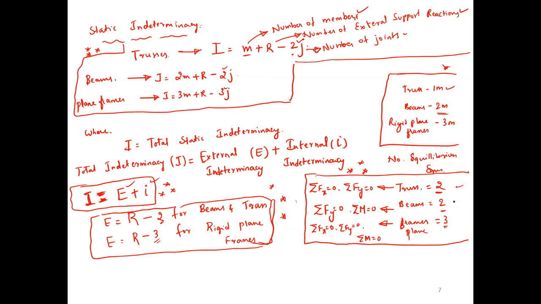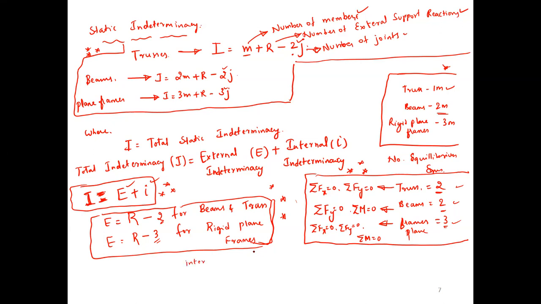See here, in one slide I have explained what this means. Now, if this R is known, you will get the external indeterminacy. How do we find the internal indeterminacy?